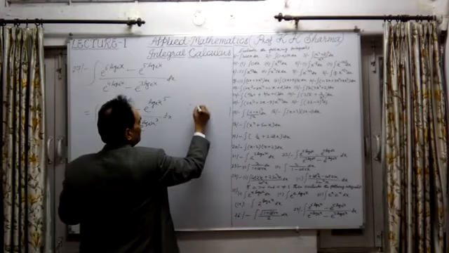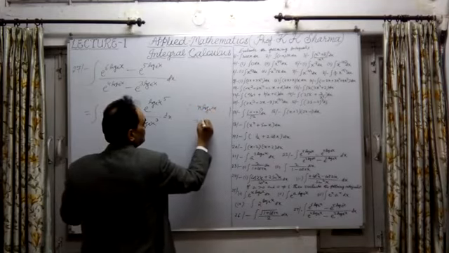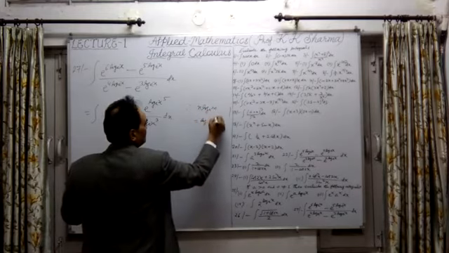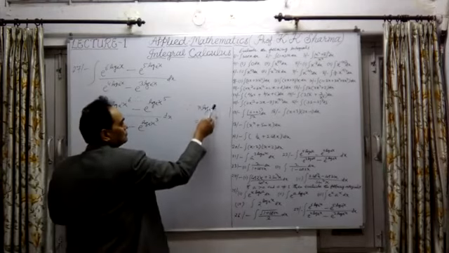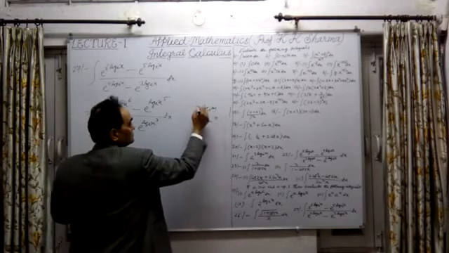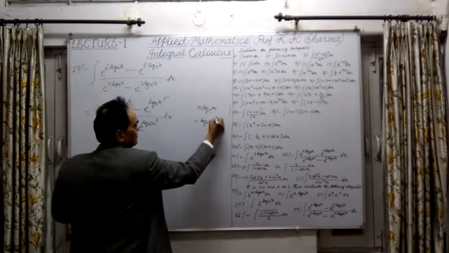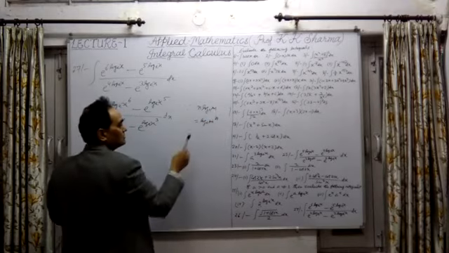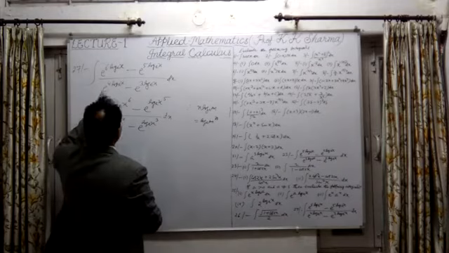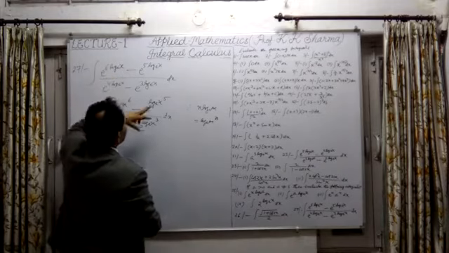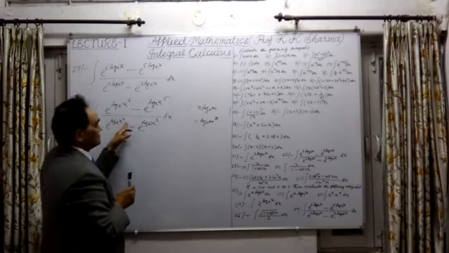Since n log m is equal to log of m whole power n, this power can come to the power of this. So this 6 can come to the power of x, 5 can come power of x, similarly 4 has also come power of x.